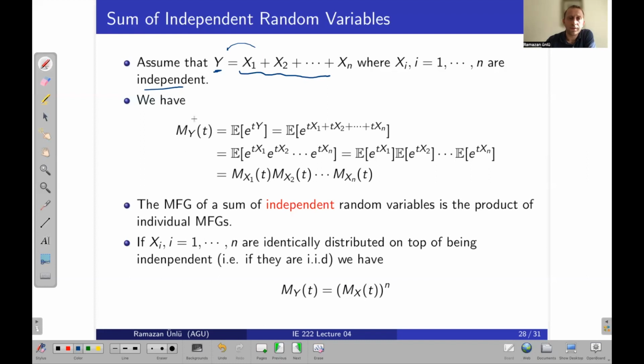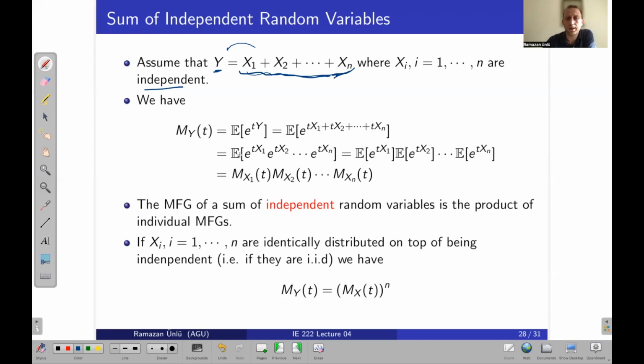We have the moment generating function of Y at point t, which is equal to the expected value of e to the tY, and that is equal to, instead of Y, I can use that summation. So that will be e to the t times X1 plus t times X2 until t times Xn. Okay, and I can write these as a product.